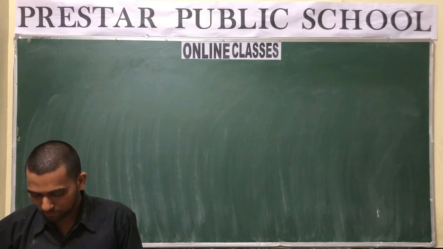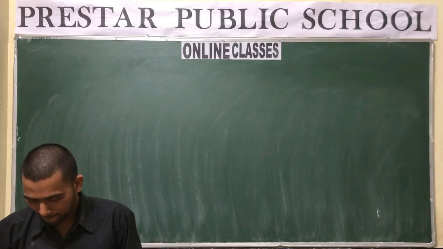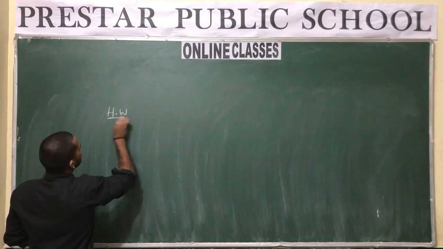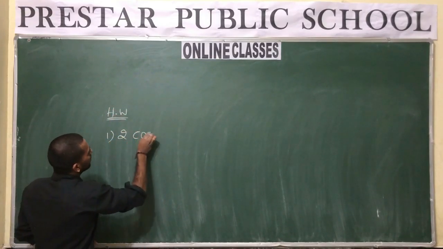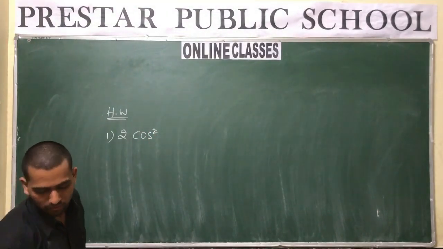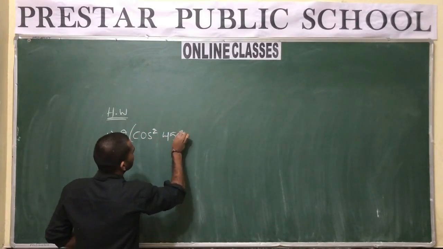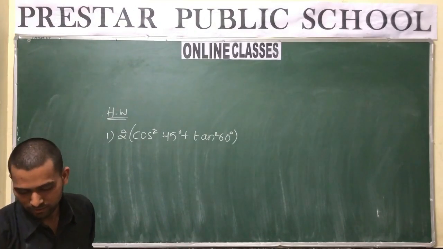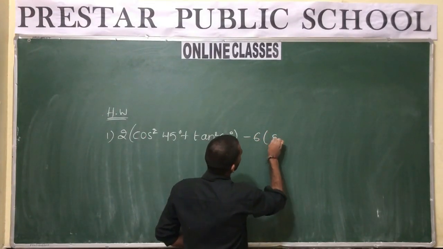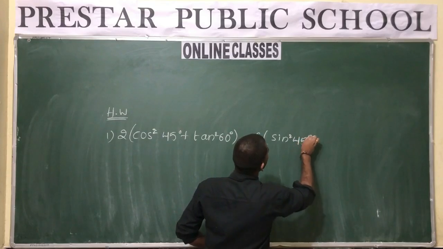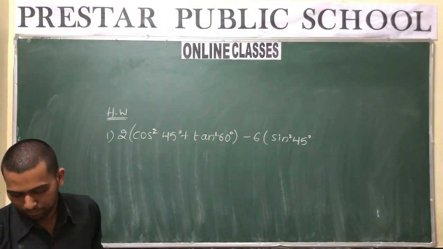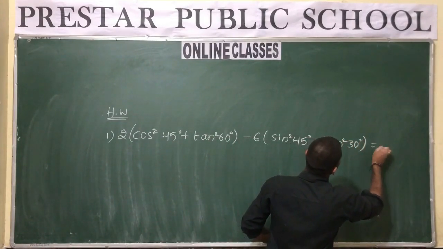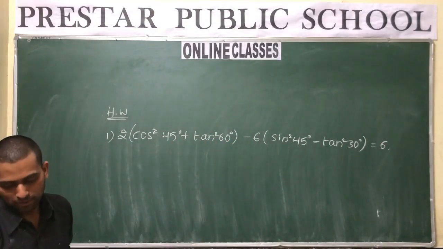I am writing it on the board. 2 cos square 45 plus tan square 60 minus 6 sin square 45 minus tan square 30 is equal to 6. Okay, this is the problem.